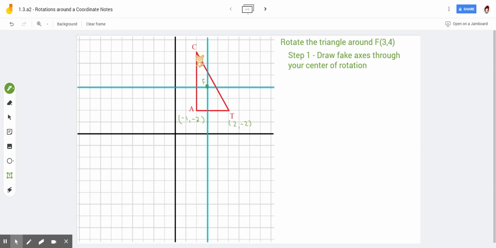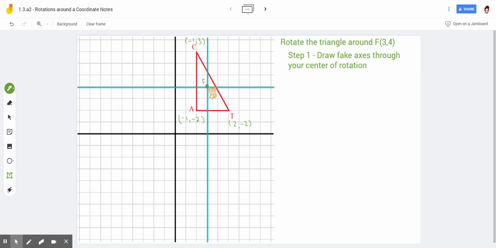And C is at -1, 3. These are not the real coordinates, but that's what we're going to use to do the rotation. You can just draw it based on that if you're comfortable with that.